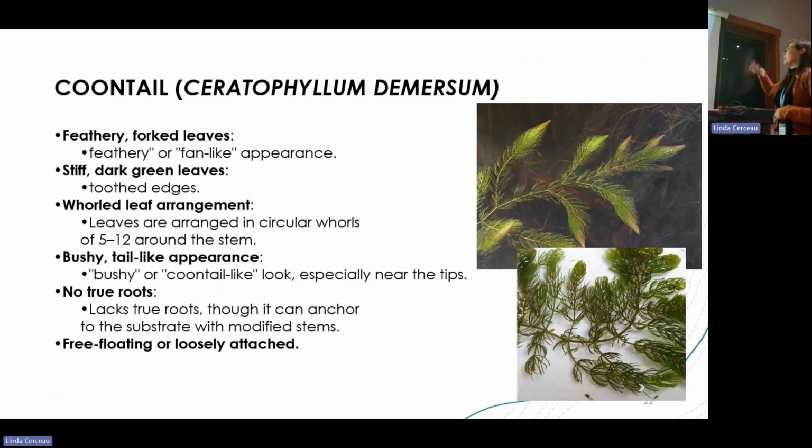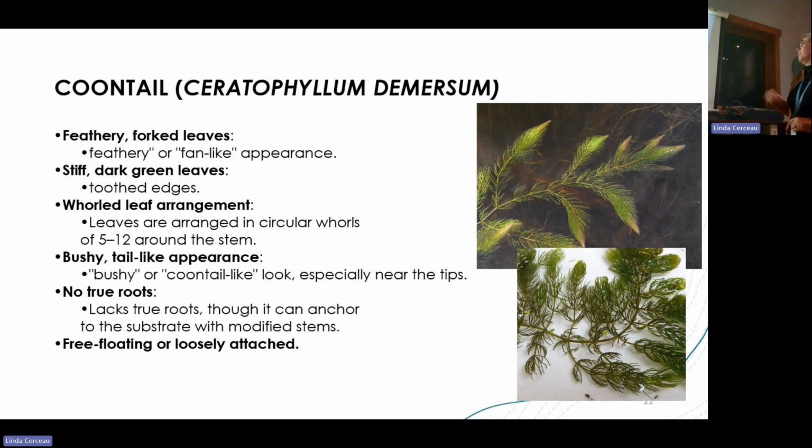It has more of a feathery or fan-like appearance. Sometimes based on the water chemistry of where you're finding this plant, it might have a crunchy feel to it, especially if there's higher calcium levels. But this one has leaves that are arranged in circular whorls around the stems here. So you can kind of see that.